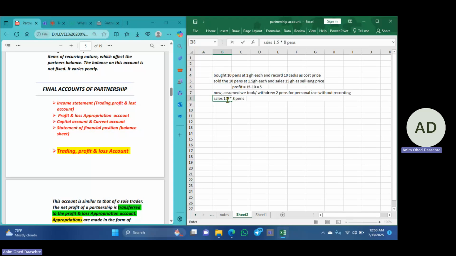Do you get it? So we are going to earn 12 cedis as sales. Now if we find profit now, profit will be what?